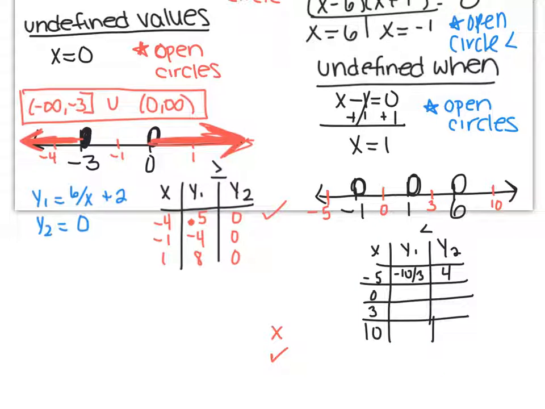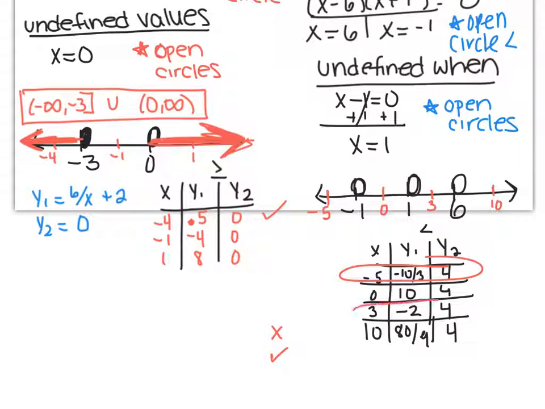At 0, it's 10 and 4. At 3, it's -2 and 4. And at 10, it's 80/9 and 4.